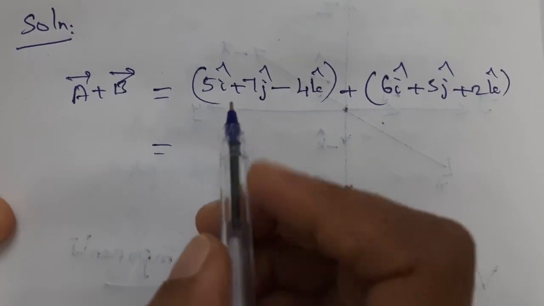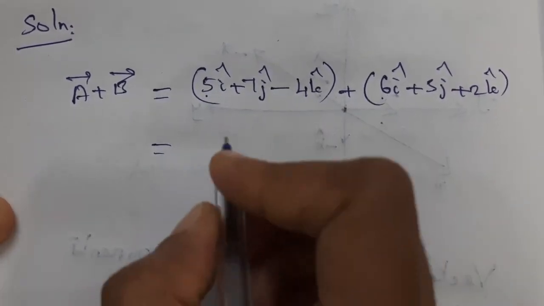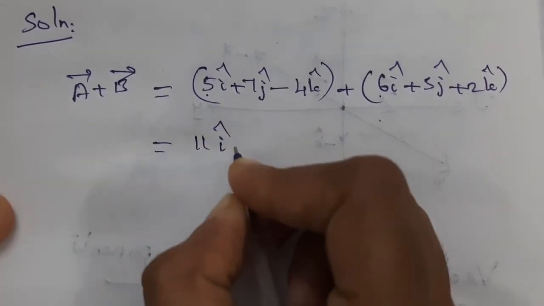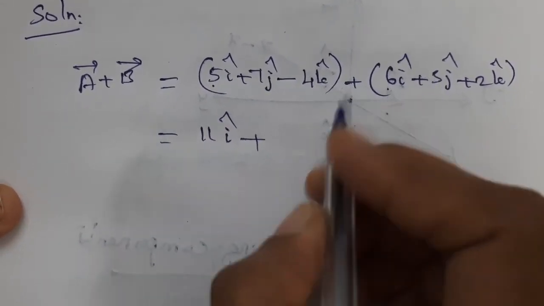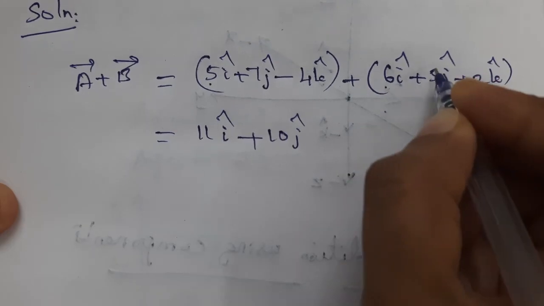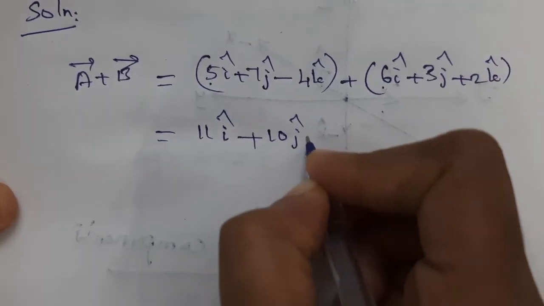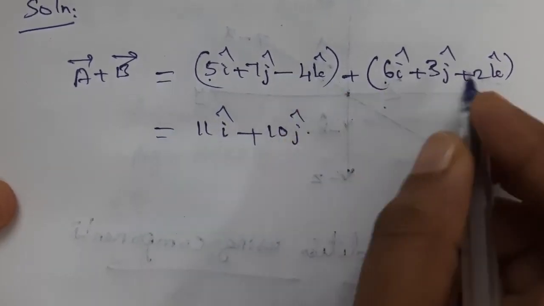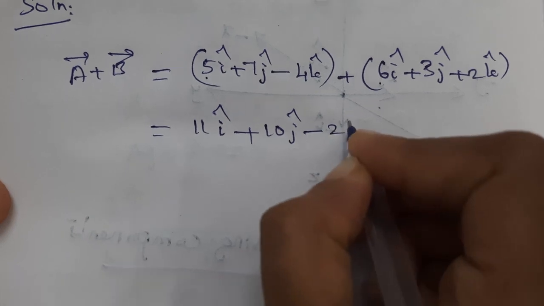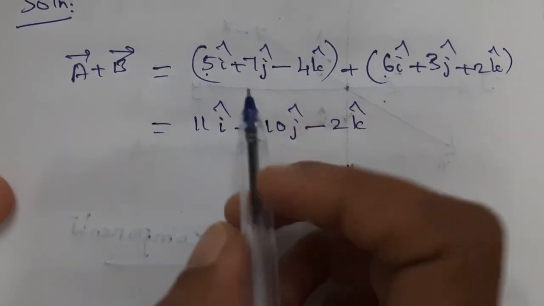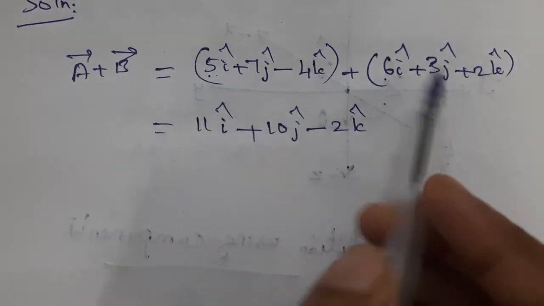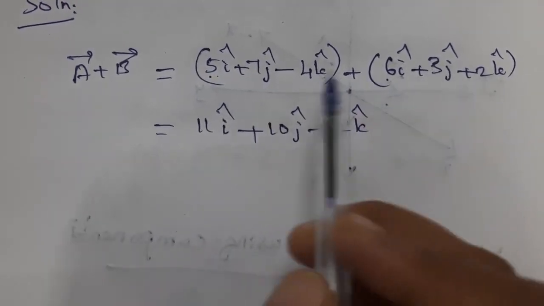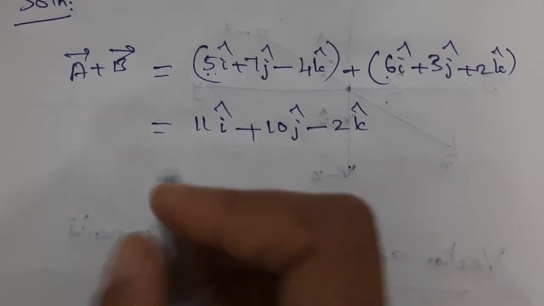So we can write 5 plus 6, 11i cap, plus 7 plus 3, 10j cap, then minus 4 plus 2, minus 2k cap. I: 5 plus 6, j: 7 plus 3, k: minus 4 plus 2.